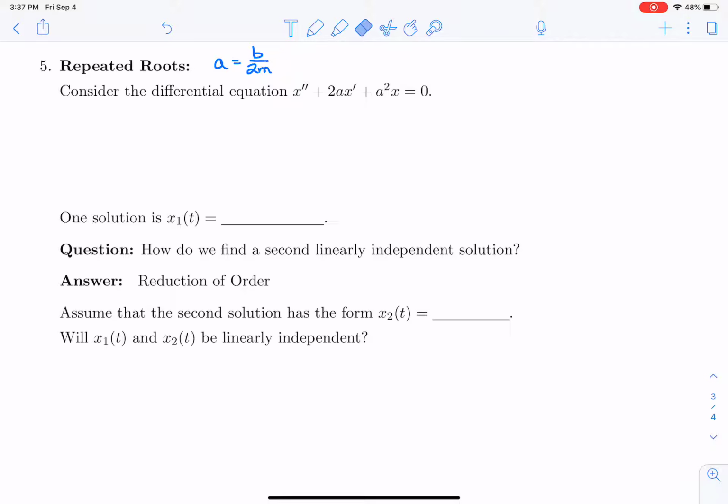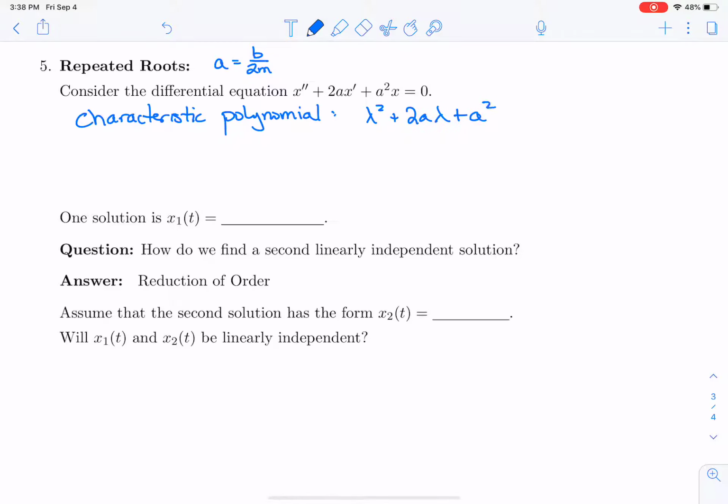So let's look again at the characteristic polynomial for this equation. If I plug in my solution, e to the lambda t, the characteristic polynomial would be lambda squared plus 2a lambda plus a squared equal to 0.